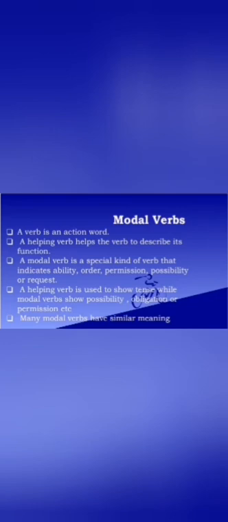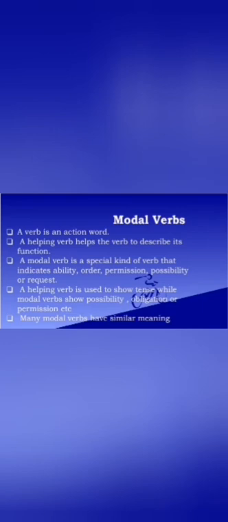Now let us revise the concept of modal verbs. A verb is an action word. A helping verb helps the verb to describe its function. A modal verb is a special kind of verb that indicates ability, order, permission, possibility, or request.